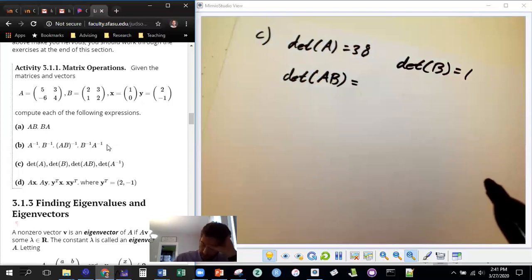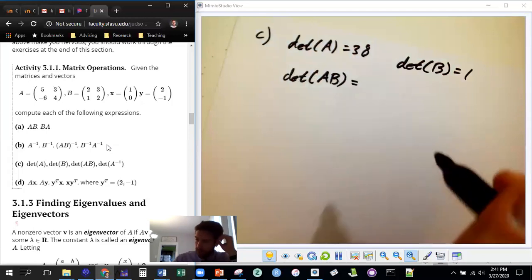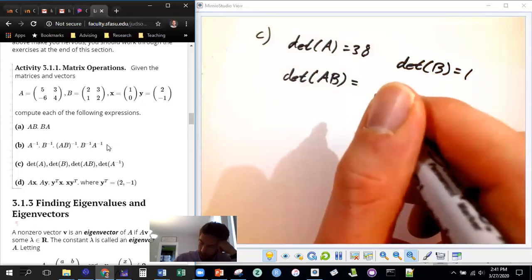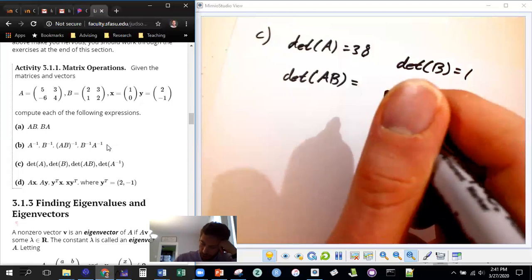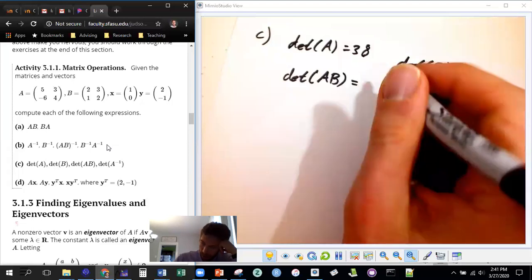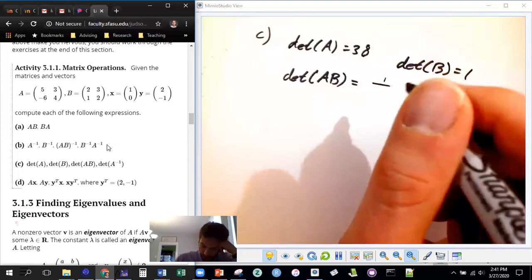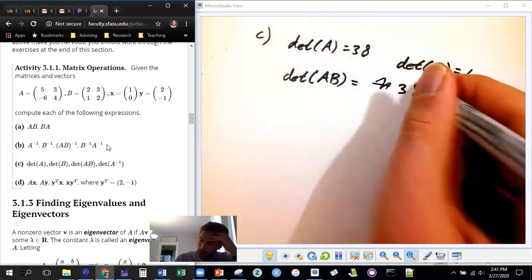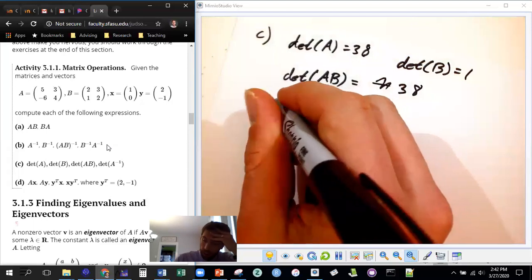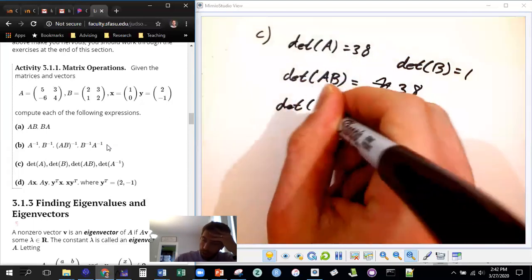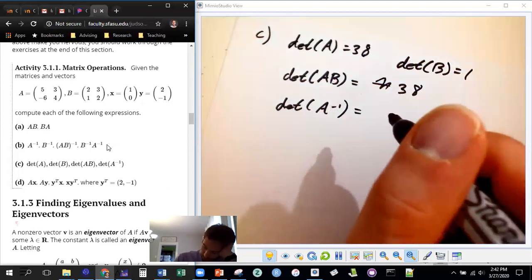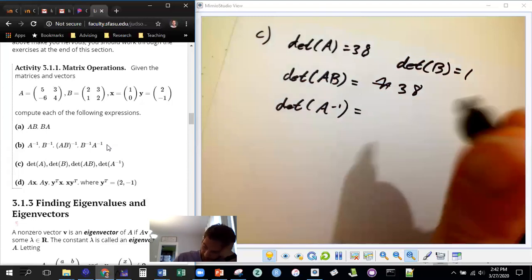So then, oh wait, where am I? AB. So A times B was 13, 21, negative 8, negative 10. So 1 over, already found that when I found AB inverse. It's also 38. And determinant of A inverse is 1 over 38 times a thing.